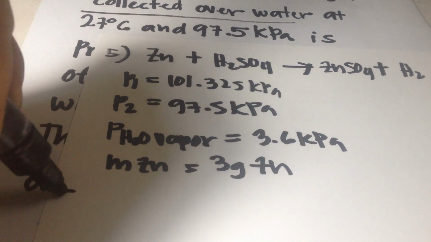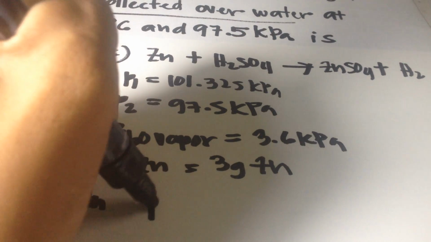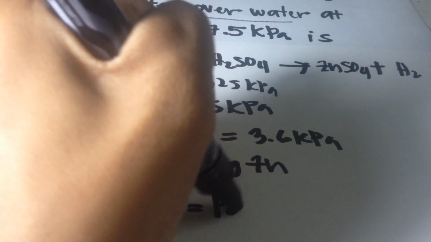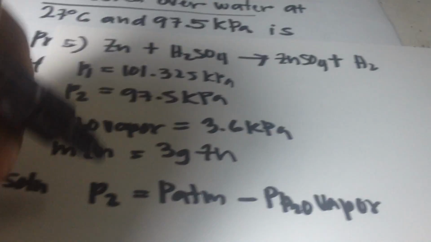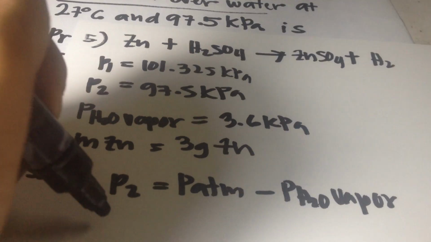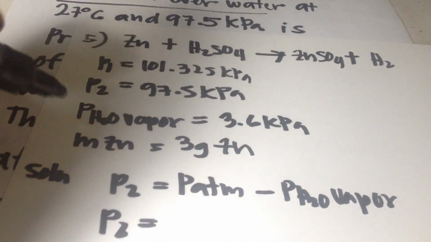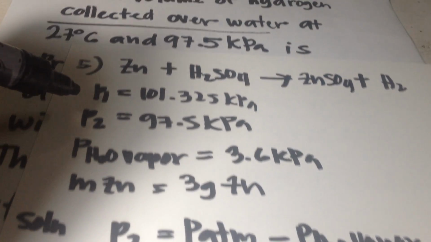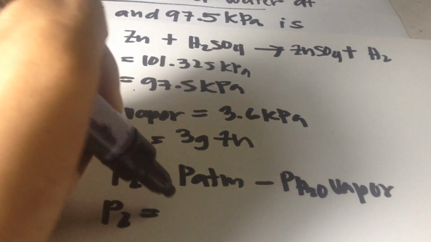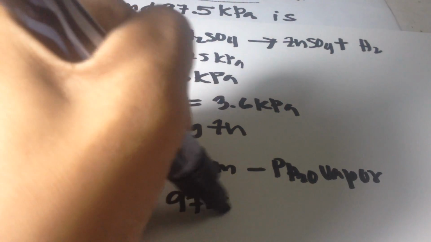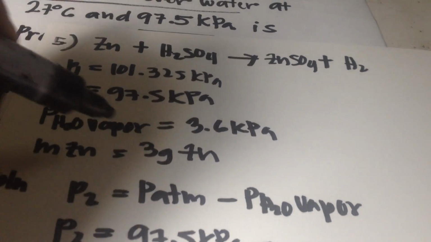Alright, solution. So P2 is equal to P atm minus P water vapor. We have pressure 2 equals P atm, which is 97.5 kilopascal, minus the water vapor, which is 3.6 kilopascal.